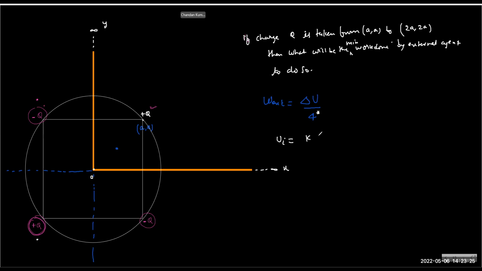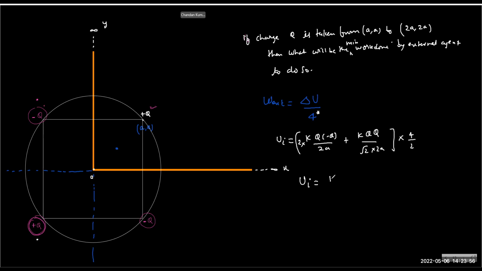K, on the right, it will be Q minus Q by 2A plus KQ into Q by root 2A. And then this term will be twice from above. And this whole term will be multiplied by 4 and divided by 2. That's a simple answer, right? I hope you remember the mutual potential energy calculation.